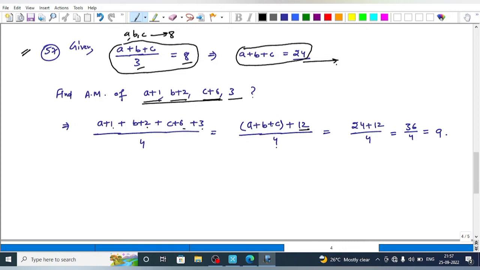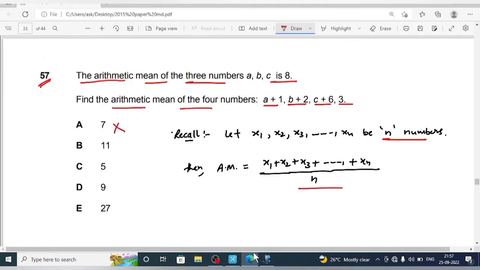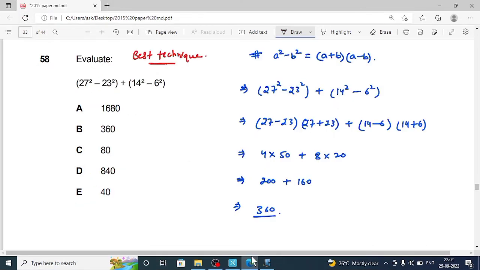This implies that a plus b plus c is equal to 24 plus 12 upon 4. This is equal to 36 upon 4 is equal to 9. Now come to the options. Option A incorrect, option B incorrect, C incorrect, E incorrect. Option D is correct.